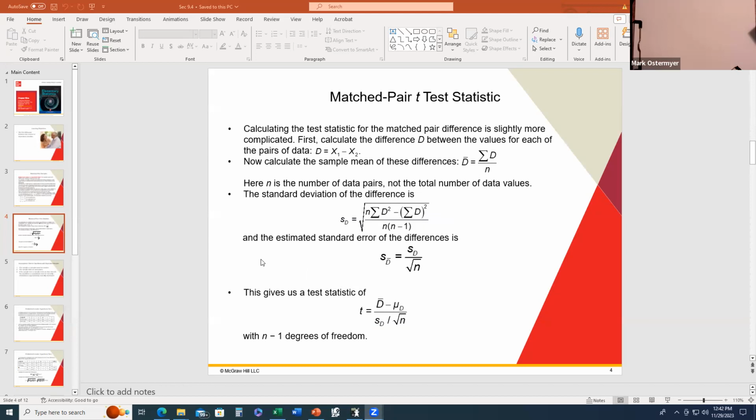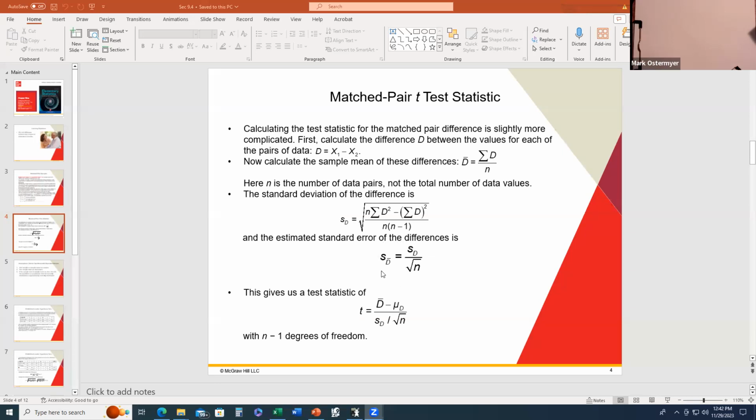Now, the estimated standard error of all these differences, ladies and gentlemen: in other words, you could pull out thousands or maybe millions of samples from each population and compute matched paired differences, or paired observations rather, for each one. And all of those differences, according to the central limit theorem, are approximately normally distributed.